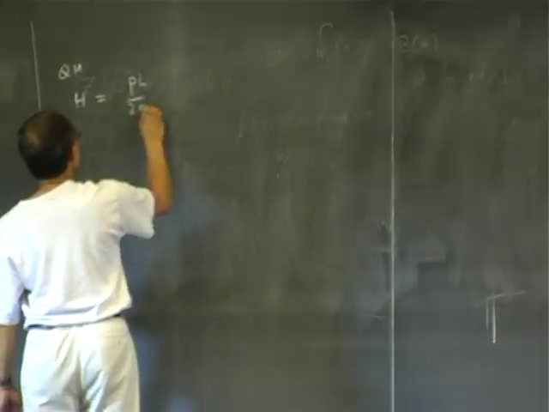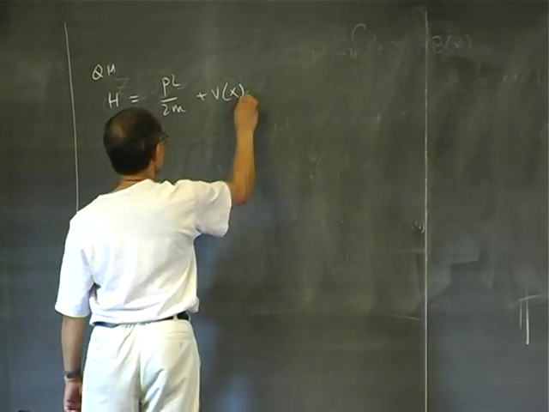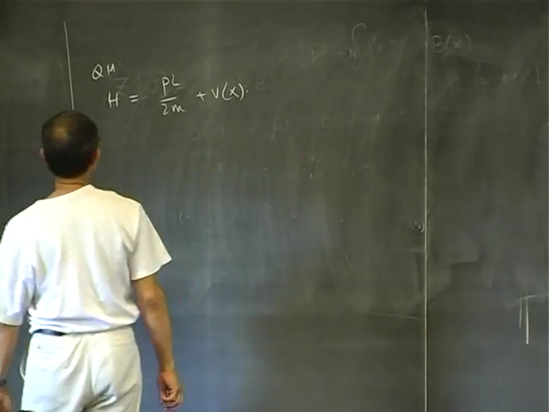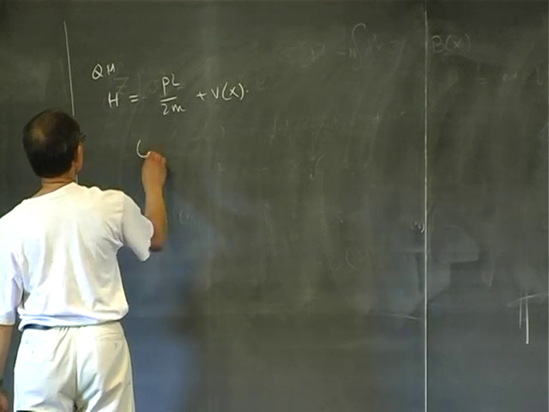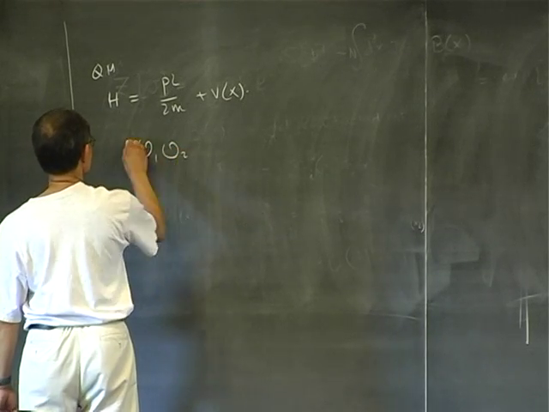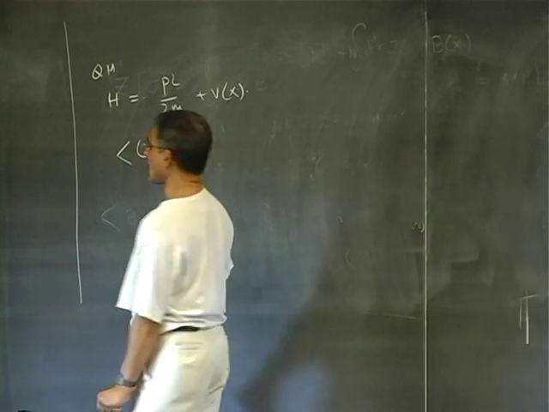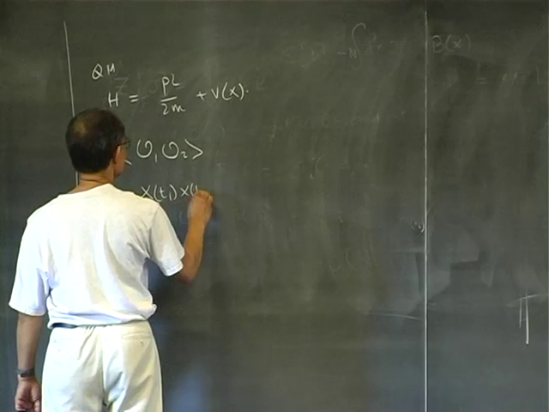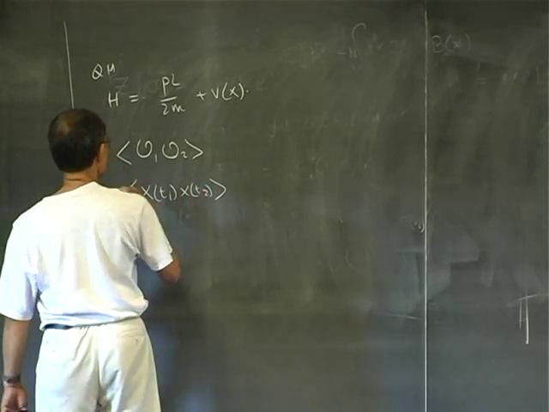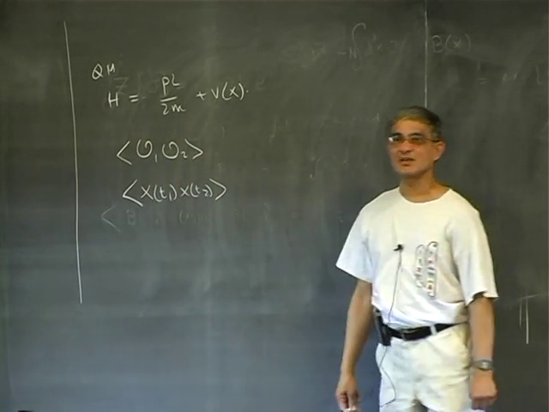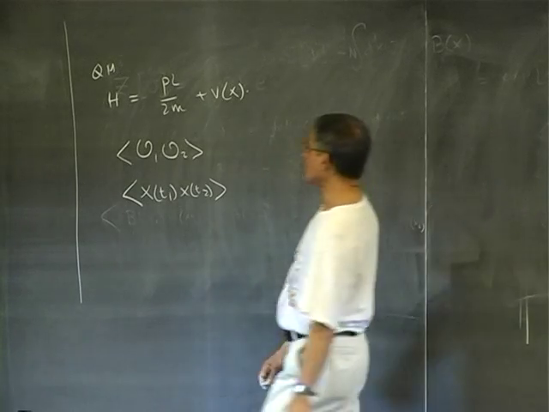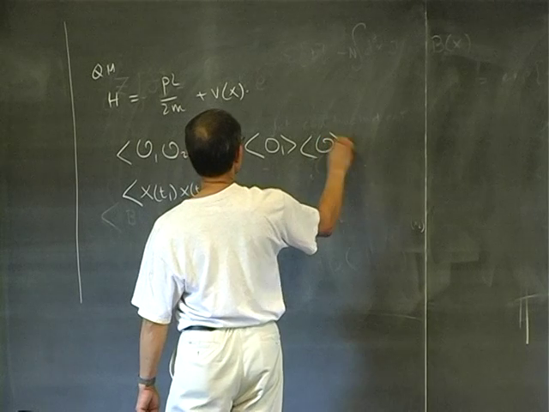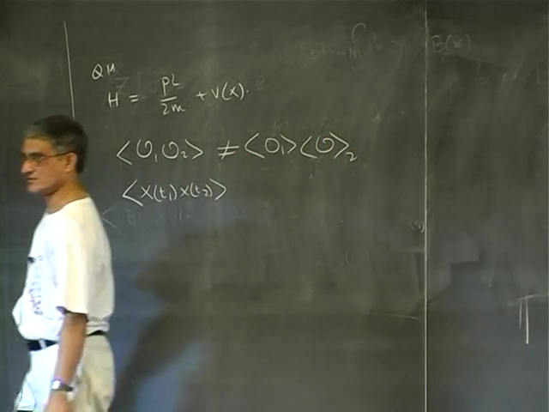Consider quantum mechanics with a Hamiltonian p squared by 2m plus V of x. And if I calculate, say, a correlation function of some operator, or the average like this, for example, I calculate x of t1, x of t2, then of course it is not correct that this is the same as the product of the averages.